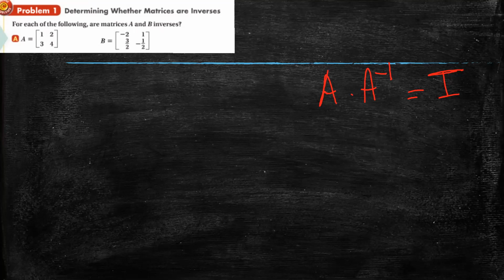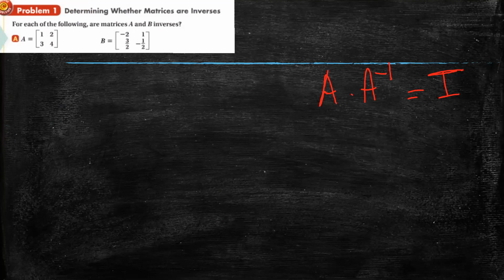I multiply A times B. If it gives an identity matrix I, and if B times A gives an identity matrix I, I will say that matrix B is an inverse of matrix A.